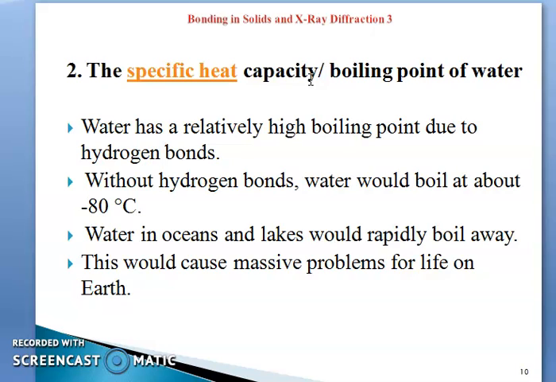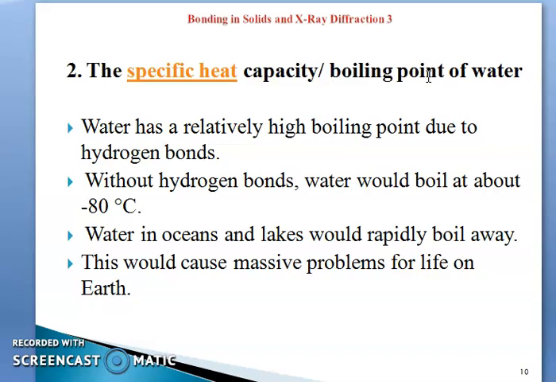Whenever heat is provided to water, it absorbs heat, and the temperature goes on increasing, and at one particular temperature, water begins to boil.